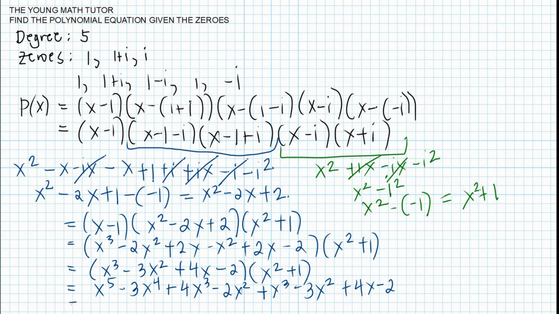So that's x raised to 5 minus 3x raised to 4 plus 5x cubed, and then negative 2x squared minus 3x squared is negative 5x squared, plus 4x minus 2. So that will be our resulting polynomial equation, given that our zeros are 1, 1 plus i, 1 minus i, i, and negative i with a degree of 5.